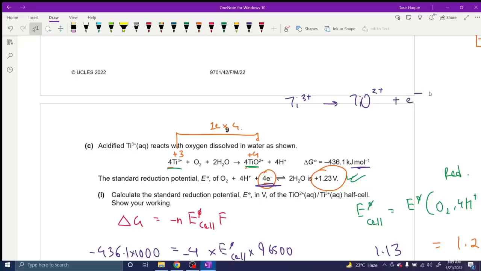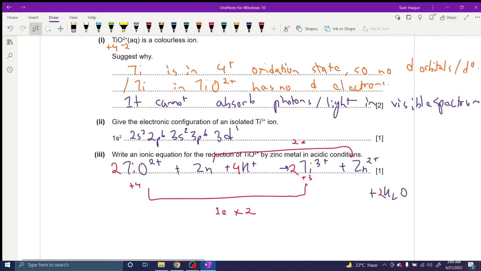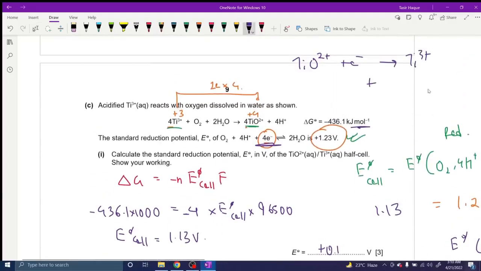I'm not balancing it by the way. This equation has a reduction potential of plus 0.10. That's why when we subtracted it, plus 1.23 minus 0.1, it was in fact feasible.